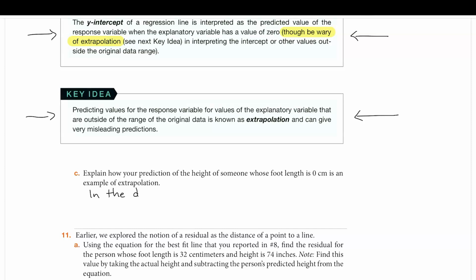Part C says, explain how your prediction of the height of someone whose foot length is 0 centimeters is an example of extrapolation. Here's what we're saying.